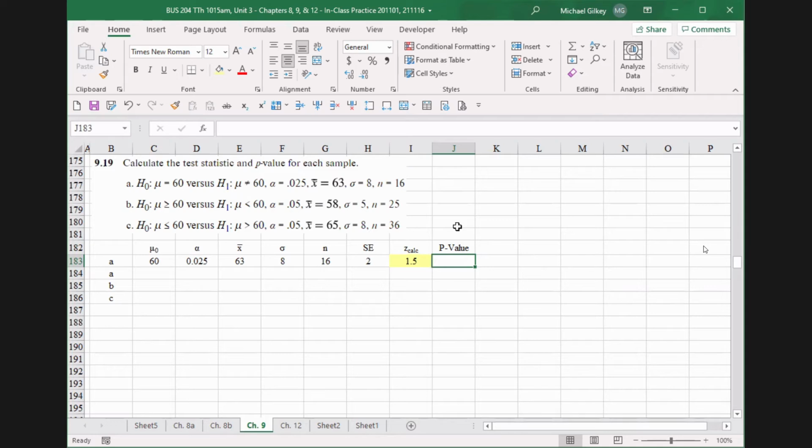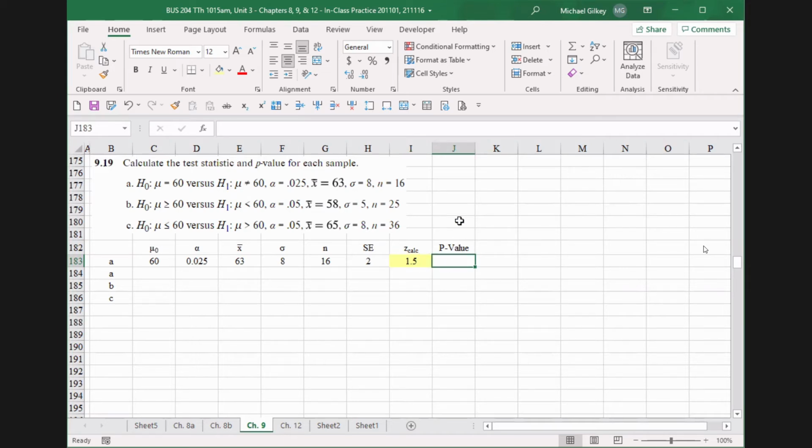Norm.s.inv? Well, I'm calculating area, not values. Standardized? No. This is already a standardized value. The norm.s.dist. Yes.